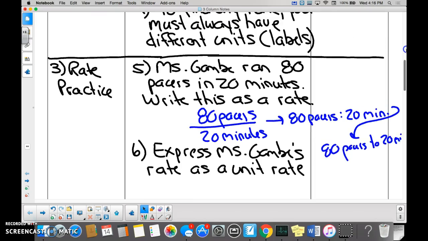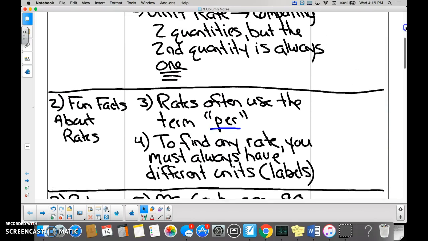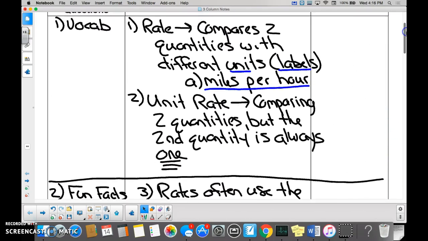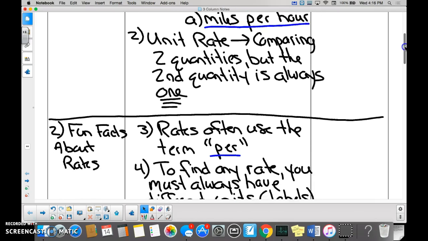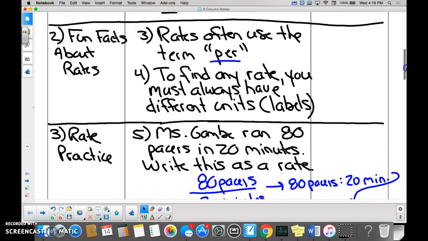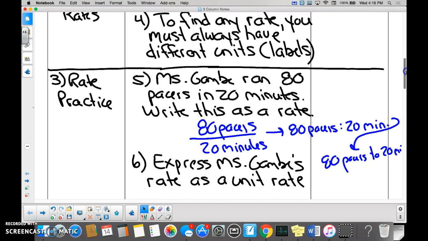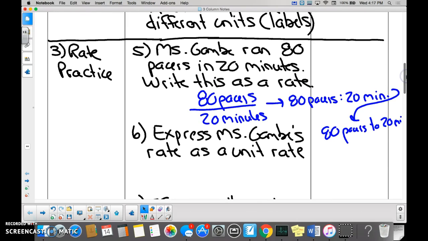If I go all the way back up here, I know that a unit rate is a comparison of two quantities, but the second quantity is always 1. So for number 6, we already know it's 80 pacers per 20 minutes.